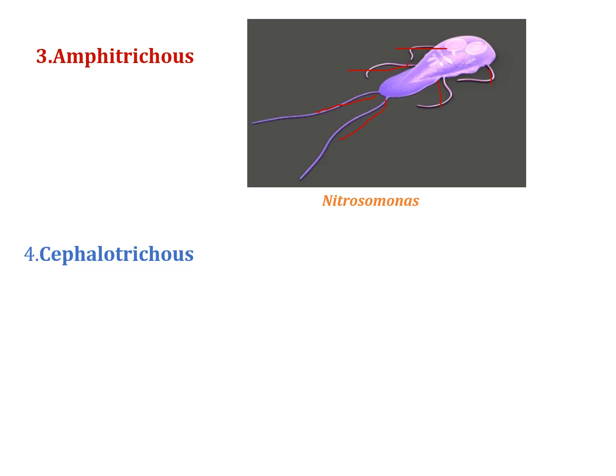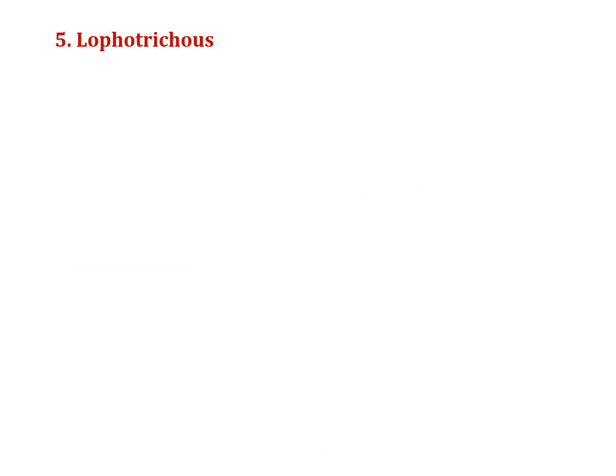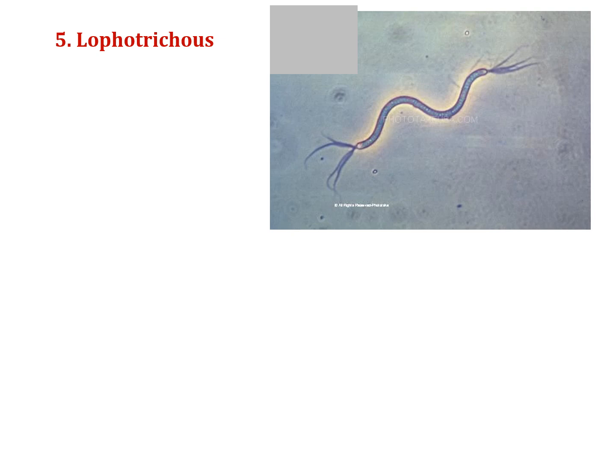Cephalotrichous, multiple flagella at one end, only one end. So Pseudomonas aeruginosa. Okay, see here this flagella. Only one end, either this side or this side. Lophotrichous, a cluster of flagella at both ends. This is Spirulina volutans.